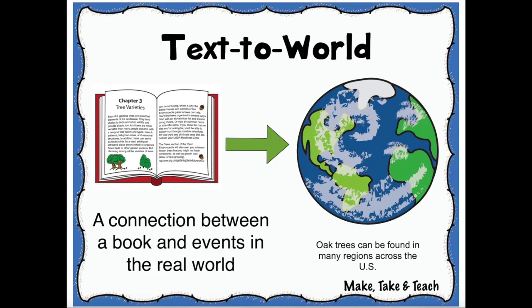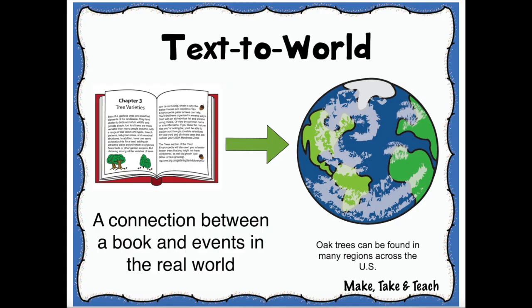So when we're looking at a text to world connection, it's very easy to get it confused with text to self because a lot of times we find ourselves experiencing these real life events. So you have to think instead of the way you would in text to self, you're thinking I, me, my. So you're thinking yourself, your emotions, your feelings, your point of view with these connections.